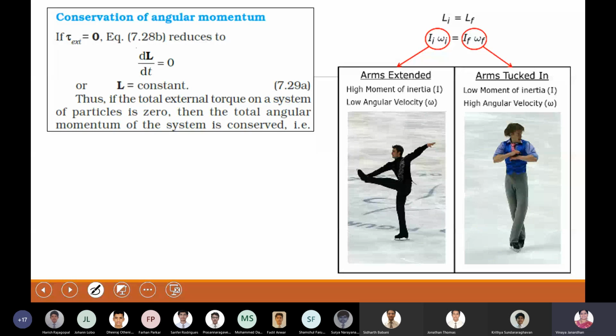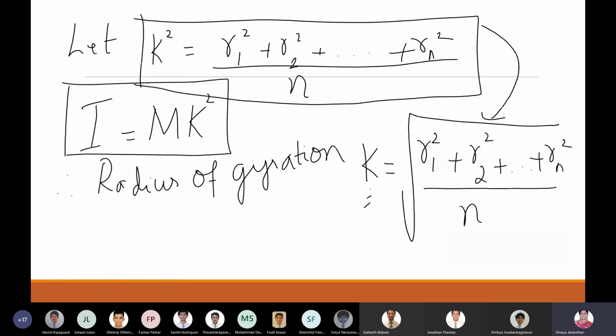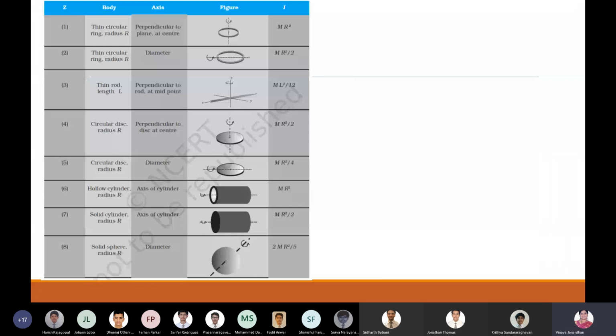Did I show any video clipping long back? No. Conservation of angular momentum, I don't know whether I have deleted it. One second, boys. I'll just see whether.